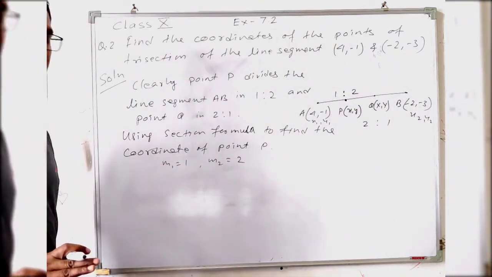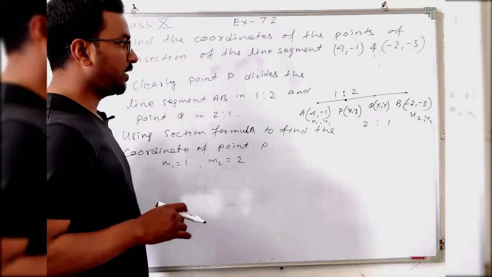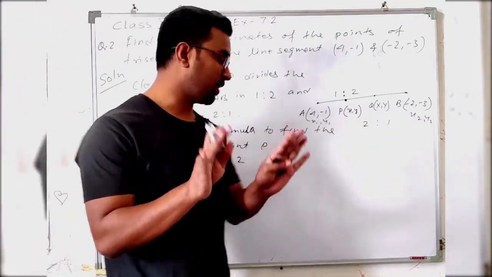I will not write here, I will directly put the formula. To find the value of x and y, we can put this separately also. We can write like this.